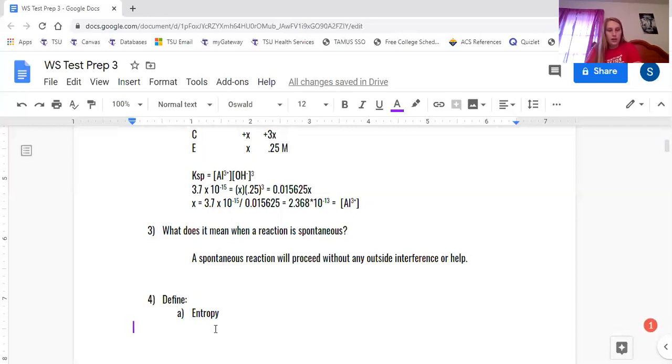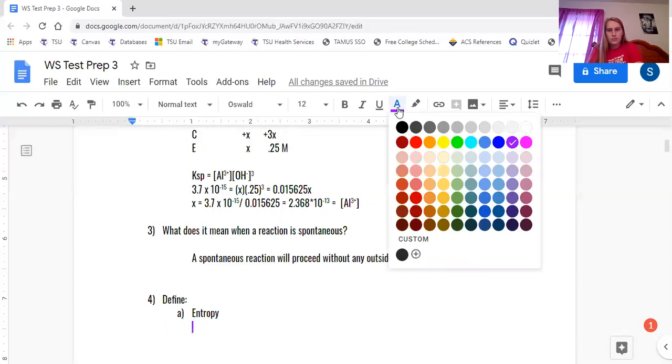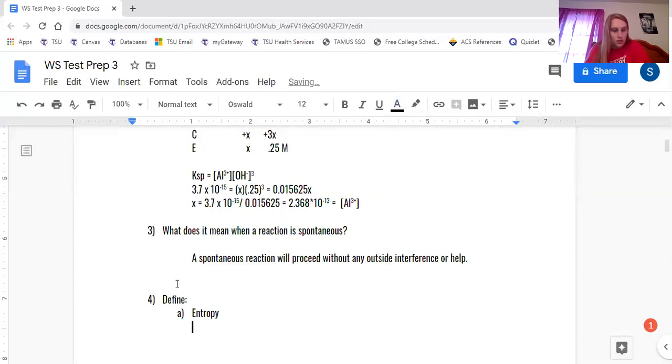We're going to define entropy. Okay. So entropy is the degree of randomness in a system.